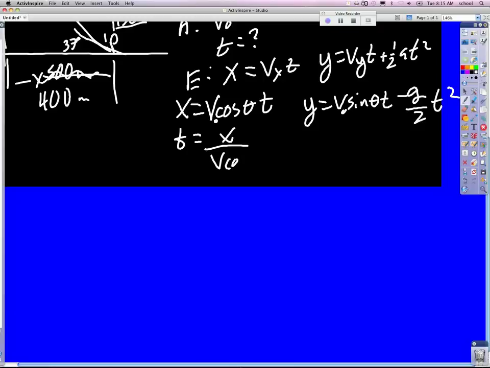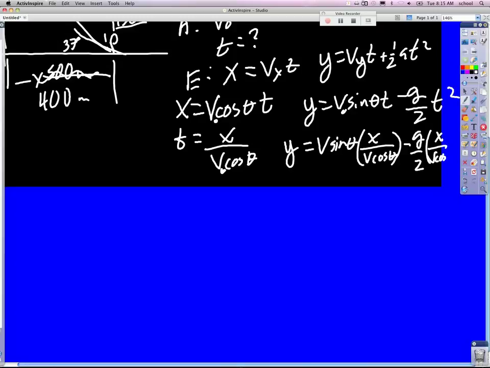Now I just got to solve this whole jazz for V0. So I get 5x squared over v0 squared cosine squared theta is equal to tan theta x minus y.